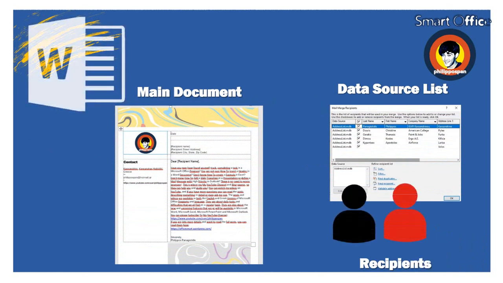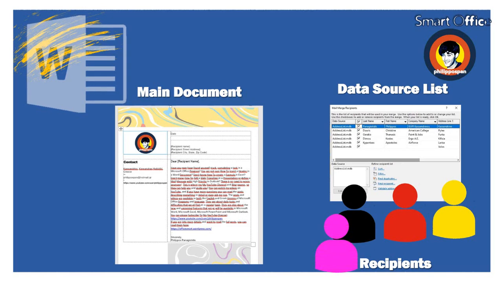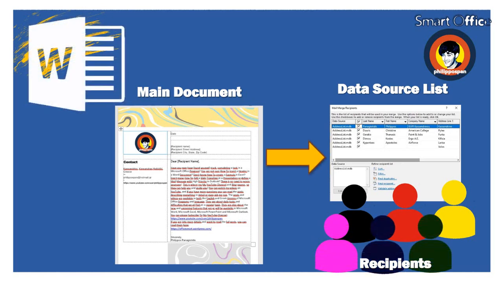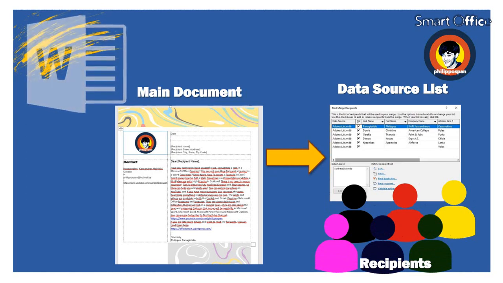Mail Merge uses the following two components: the main document, which contains the text and all the other objects that we want to repeat in each letter or document; and the data source, which contains the recipients' information, that is, the items that change in each letter, for example, name, address, zip code, and more.